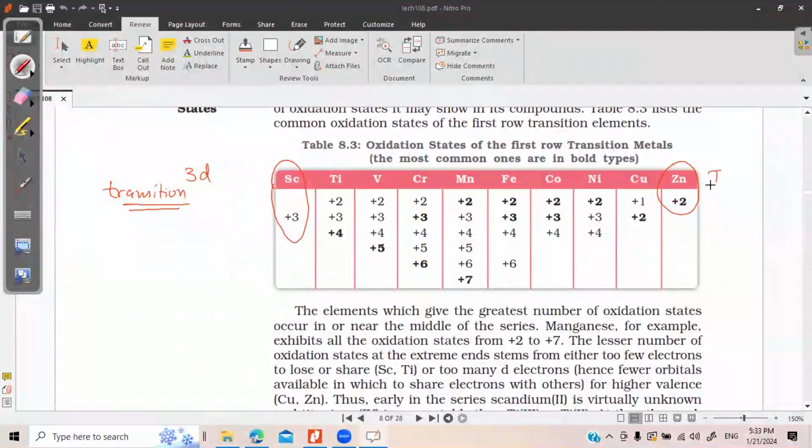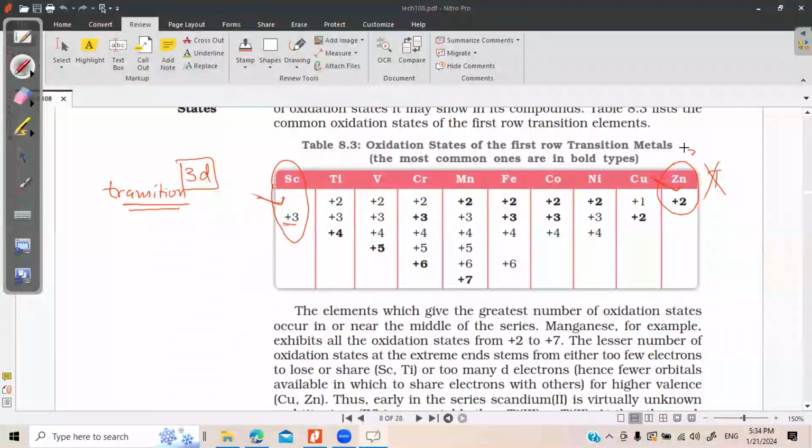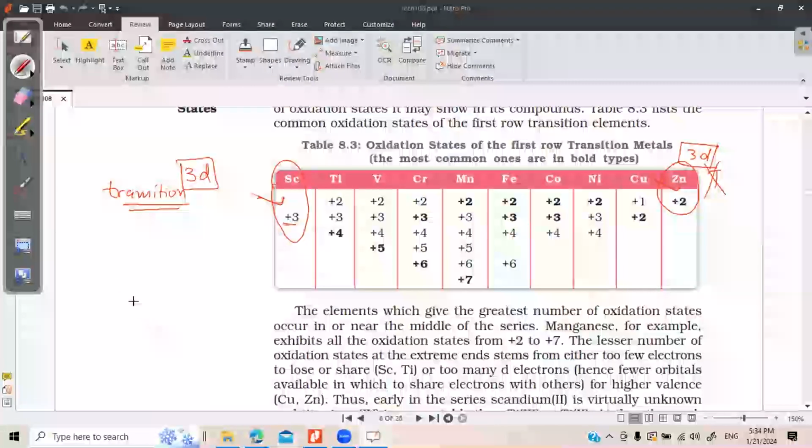Zinc is not a transition element, remember, because it does not have any unpaired electron in its d orbital. So scandium is the only transition element with only one oxidation state. If the question is which 3d element has only one oxidation state, then we have two: scandium and zinc. Zinc is not a transition element, but it is a 3d element, and it comes in the 3d group.